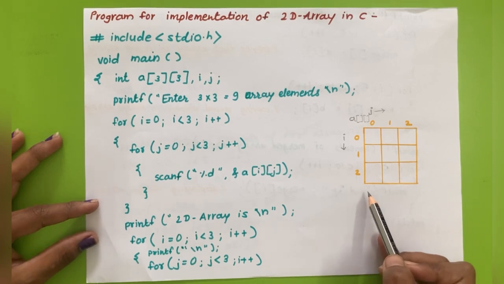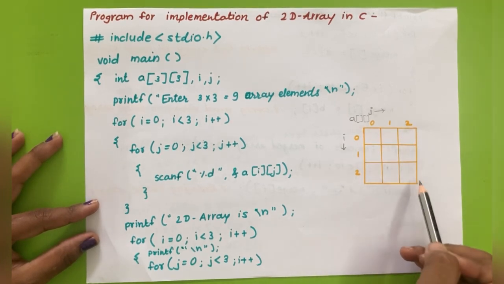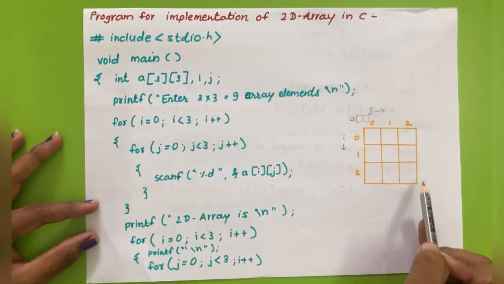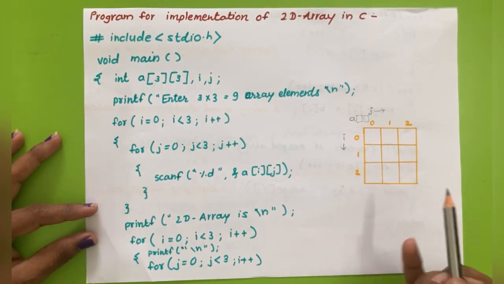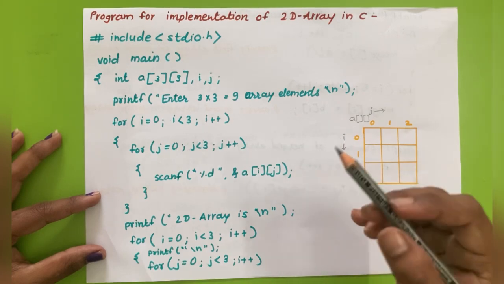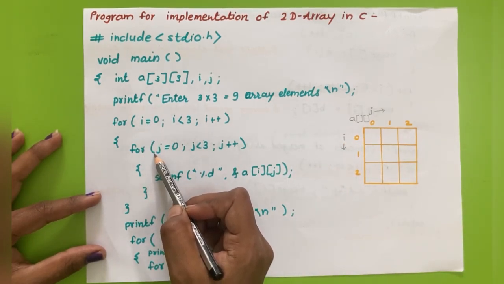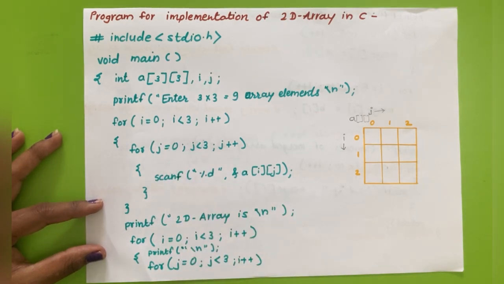And the same is the case for printing the two-dimensional array. So here again we have to print these 9 elements in matrix format. For that purpose again we will have to use these two for loops, one inside the other.